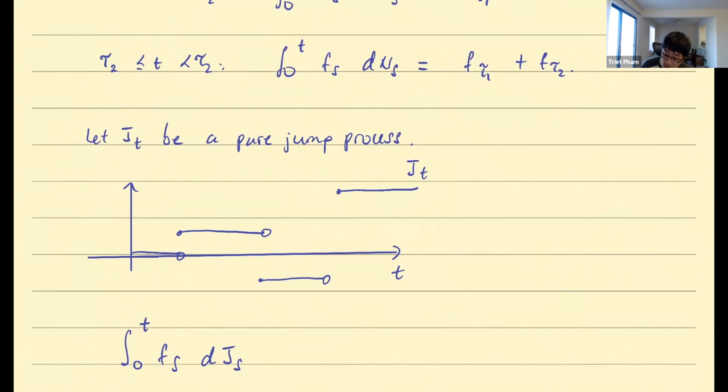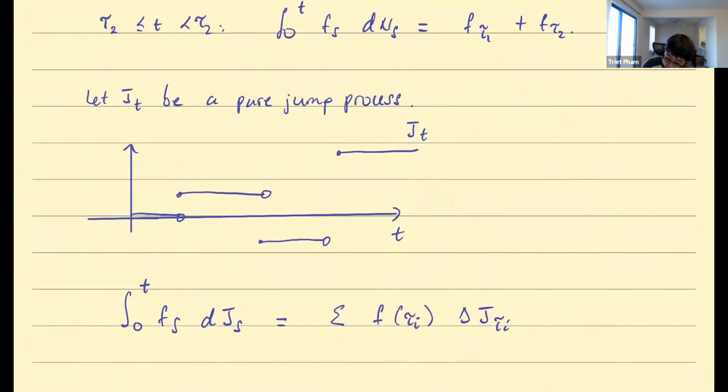What would it be? It will be the sum of f of tau I times delta J at tau I, sum over all I such that tau I is less than or equal to t.